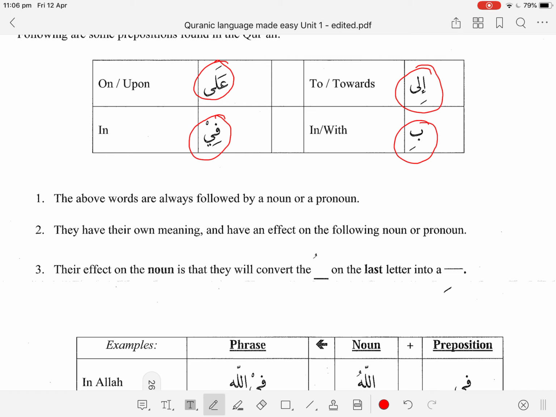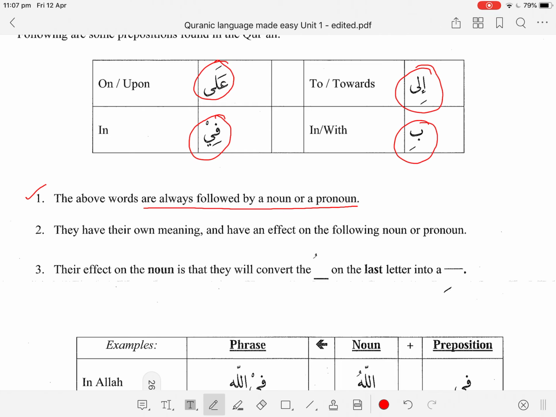So there are certain important points when we are thinking of these prepositions in the Quran, these harf jars. First thing is that they are always followed by a noun or a pronoun, right? So you don't expect a verb there. Like ala something, ala a noun or a pronoun.